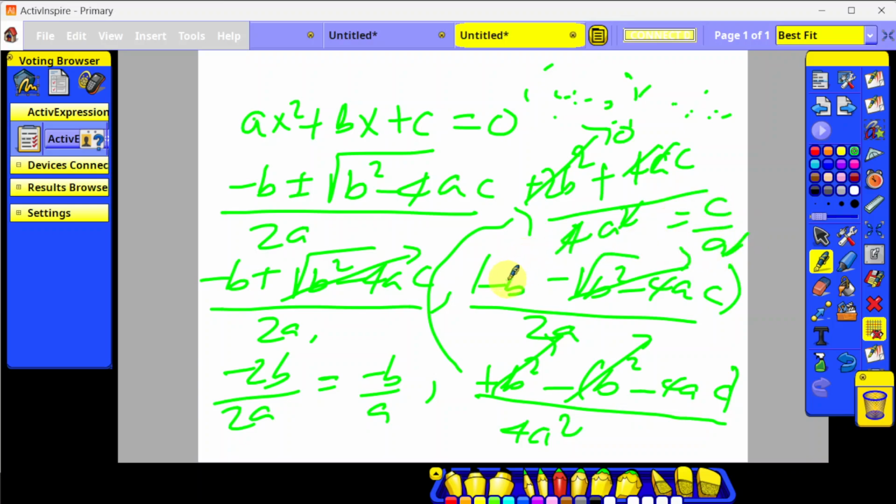Yeah, that's right. So minus b plus square root of b squared minus 4ac times minus b minus square root of b squared minus 4ac gives minus 4ac over 4a squared, that's c over a. That's how the product and sum come about.